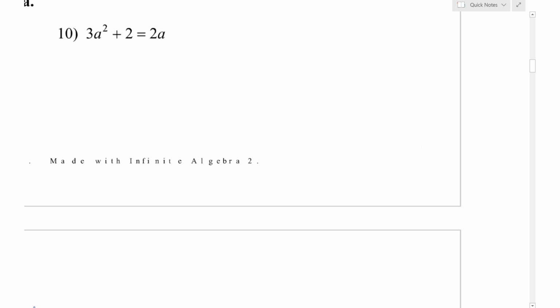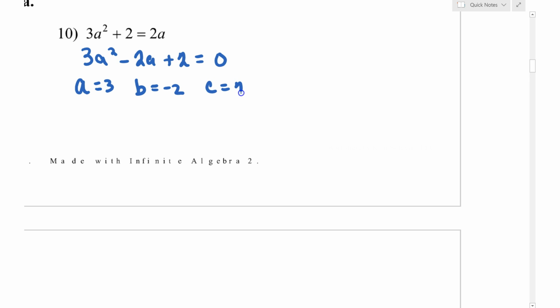Number 10, we have to have it in standard form, so we have to move the 2a to the left side. So we have 3a squared minus 2a plus 2 is equal to 0. We have to identify the a value, or the coefficient is 3, b coefficient is negative 2, and c coefficient is 2.